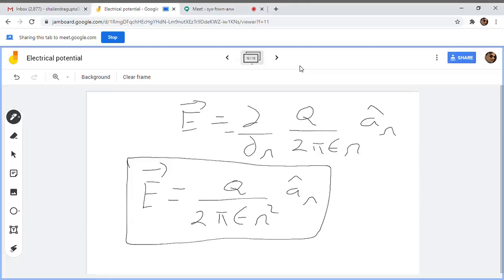Now we will study something about electric dipoles. Can anybody tell me what is electric dipole? What do you mean by electric dipole?